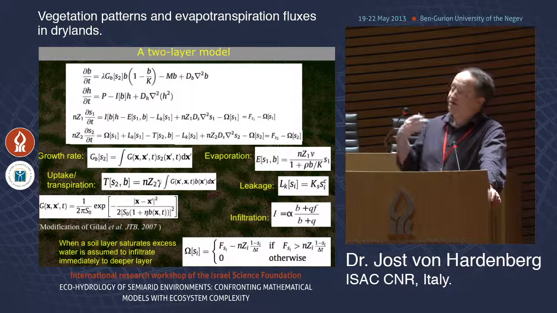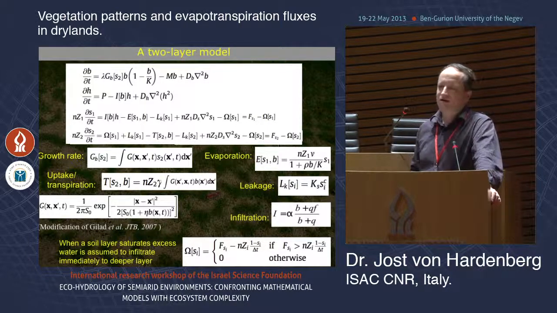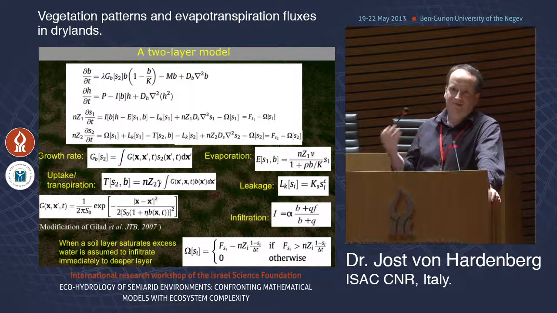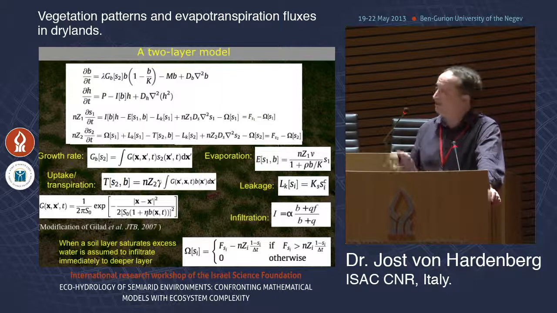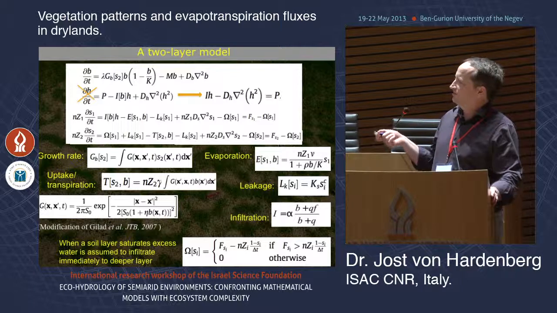The same process in theory can occur also for the root zone layer, but of course this requires very high precipitation levels, so that rarely occurs, at least in the parameter ranges which we explored.